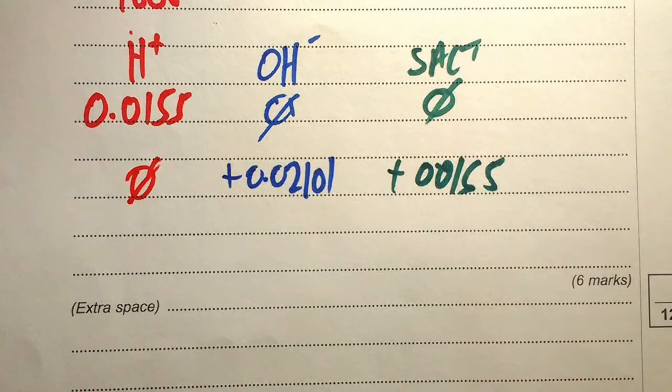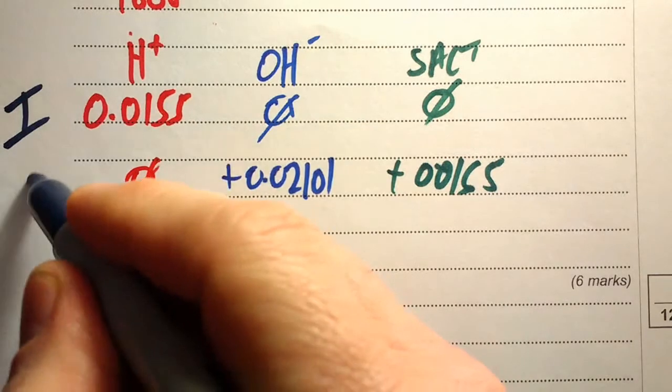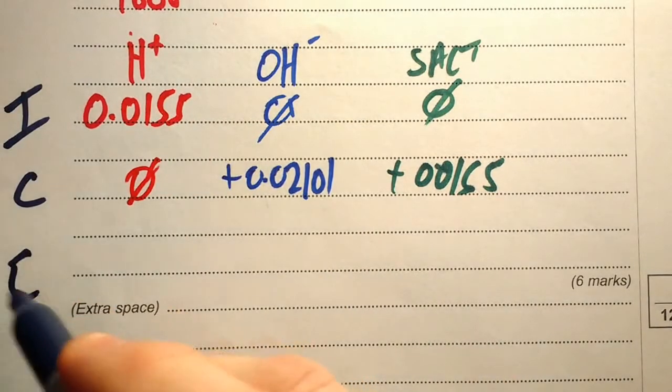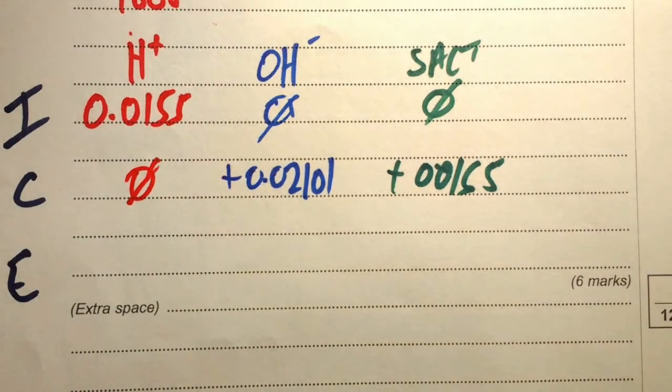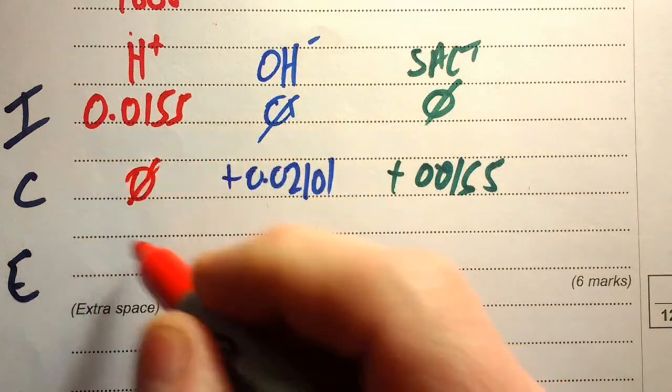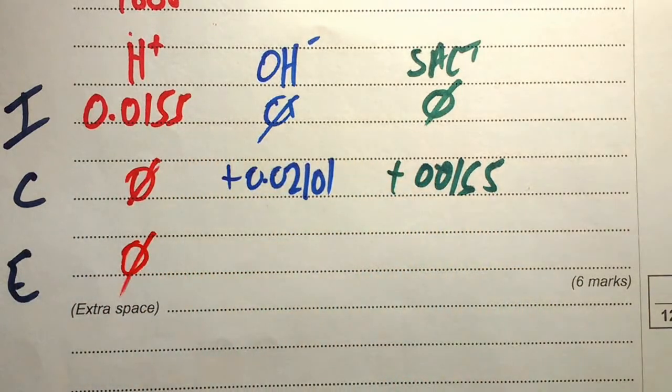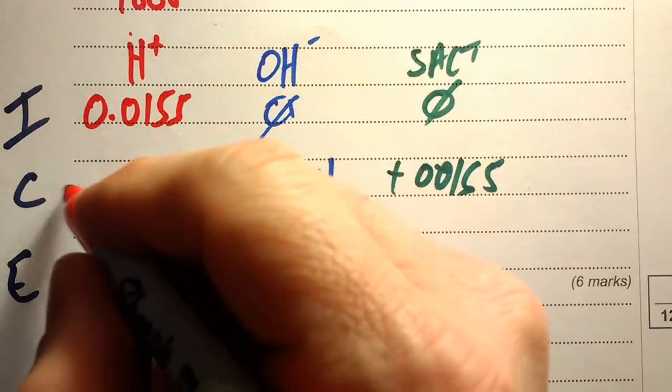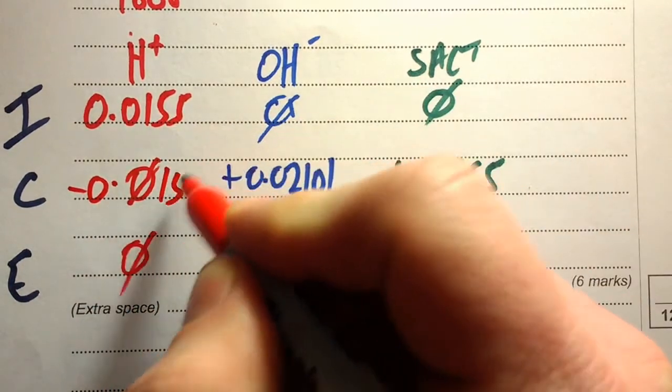So now, to work out the end, because we've got our initial, the change, and the end, or the equilibrium, which is going to be the end for this one, we need to work out. So we're going to lose that much, we're going to have 0 of that, because we've lost 0.0155.